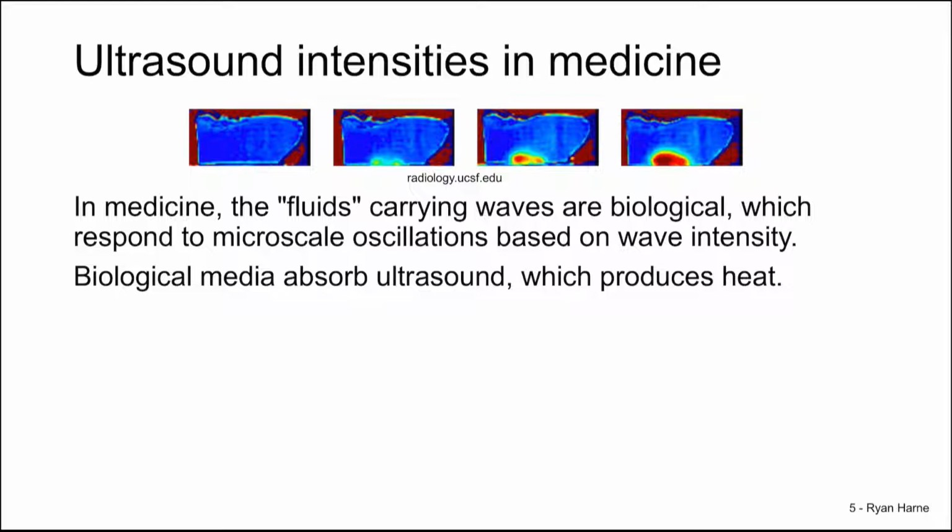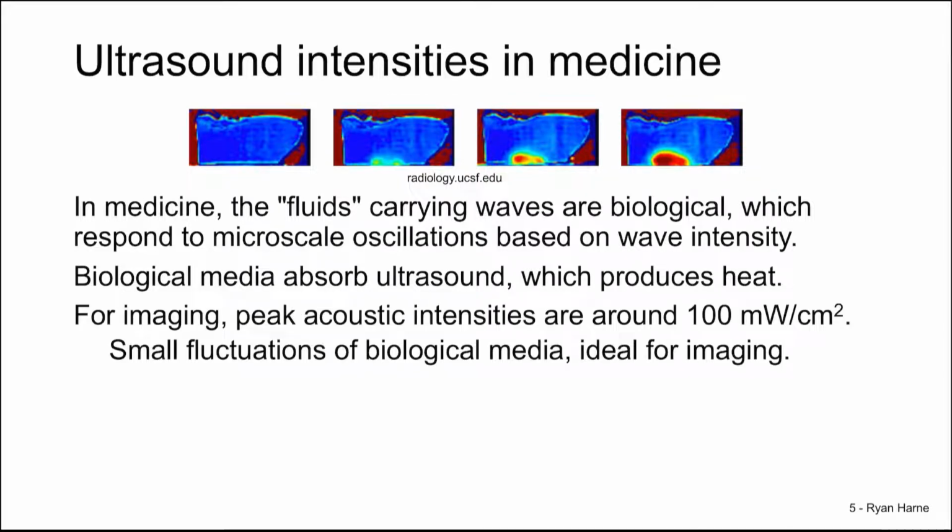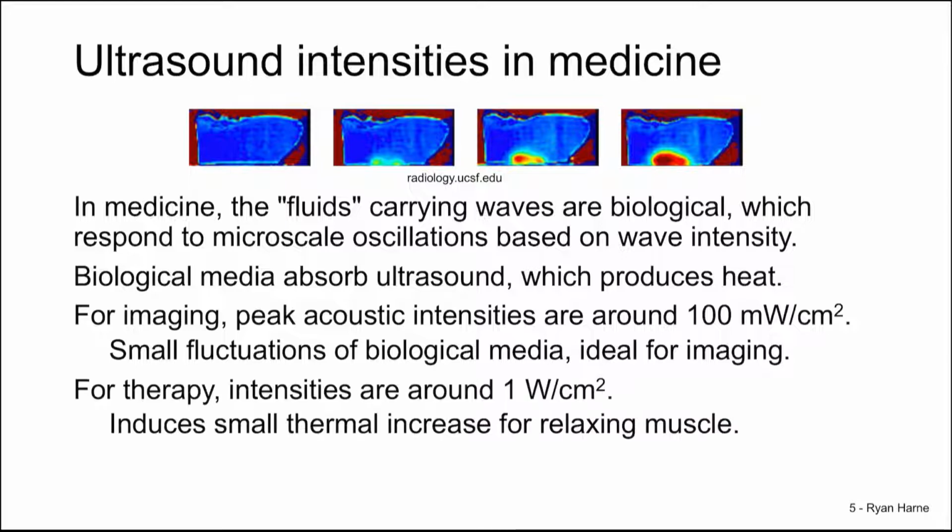And biological media absorb ultrasound, and this produces heat. For imaging, the peak acoustic intensities allowed by law are around 100 milliwatts per centimeter squared. This leads to very small fluctuations in the biological media, which are ideal for imaging. For therapy, the intensities are greater. They're around 1 watt per centimeter squared.